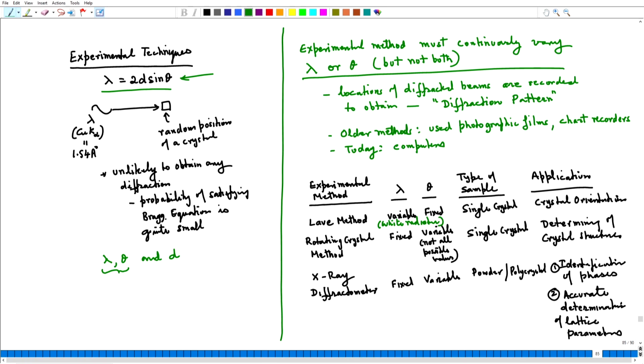Then I will come to the X-ray diffractometer method, which is a very popular and very commonly used method in all characterization laboratories. One would typically find an X-ray diffractometer, which I will explain in greater detail, and we will solve a few problems regarding analyzing diffraction patterns obtained from an X-ray diffractometer.